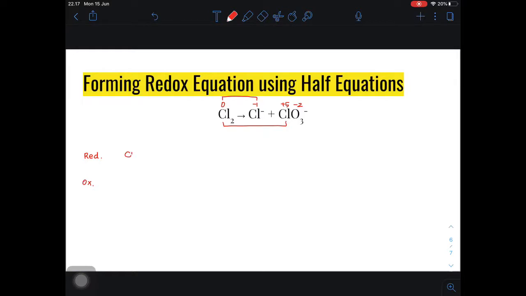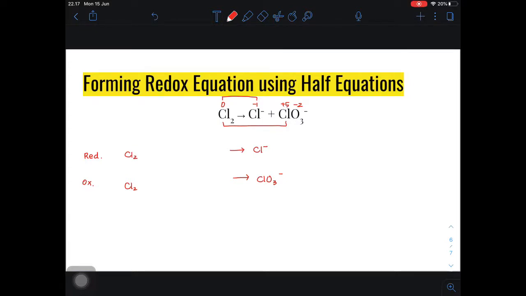For the reduction process, it is from Cl2 forming Cl-, and the oxidation is from Cl2 to ClO3-.